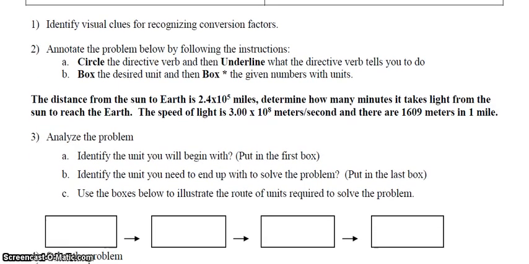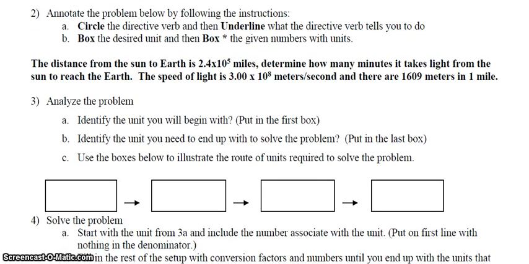So let's say we wanted to tackle a problem that asks us to convert. We're going to use our analyze the prompt strategy with a specific part about the boxing to help us decide.